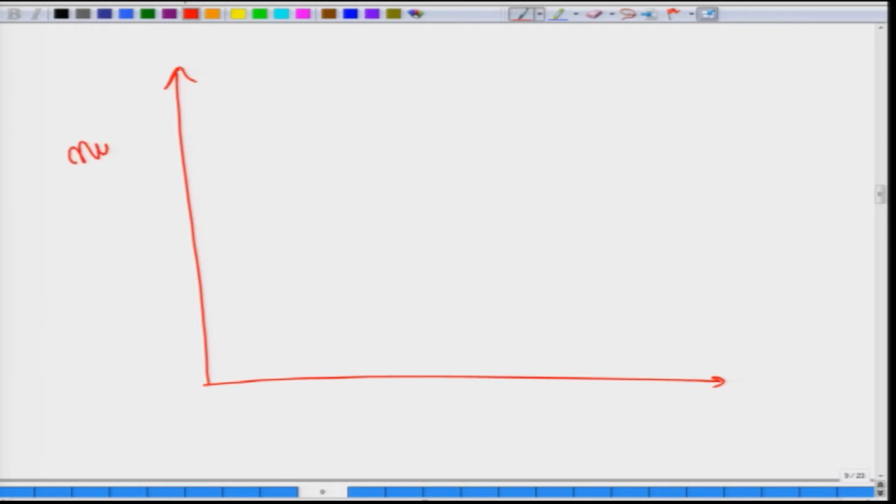So, here you have the number and here you have the DBH. Now, if you consider a stand that is an even aged stand, how will the ND curve look like? So, the ND curve will look something like this. Because this is an even aged forest, you will have all the trees or most of the trees that are having a single DBH, because that is corresponding to the age.